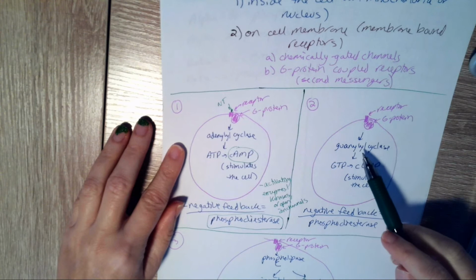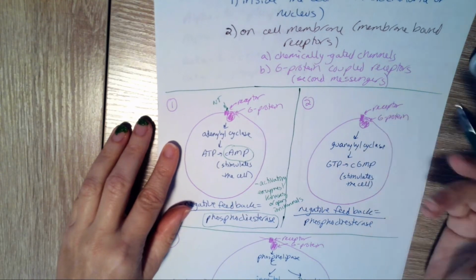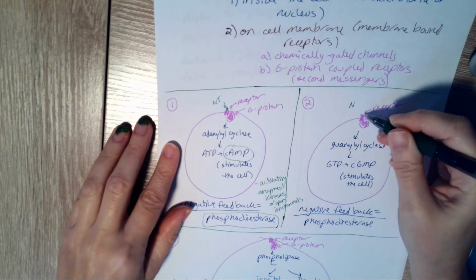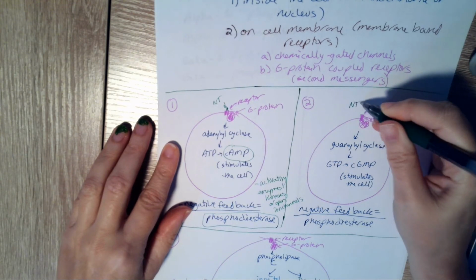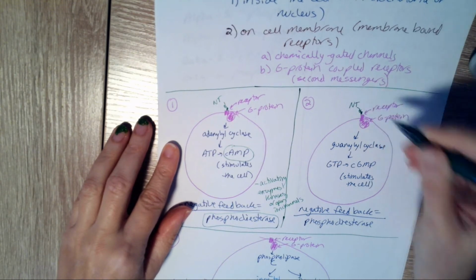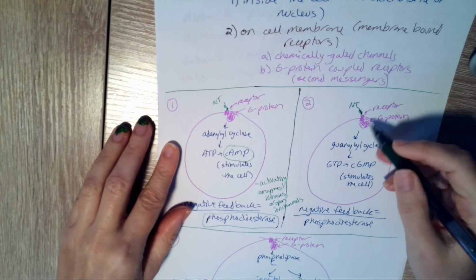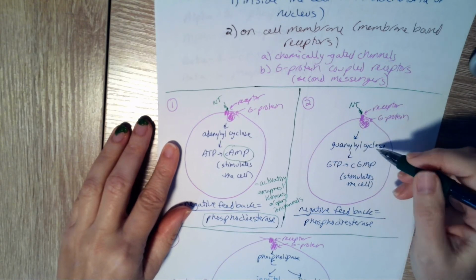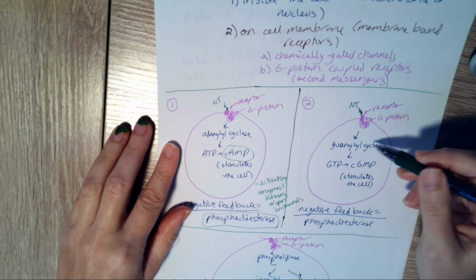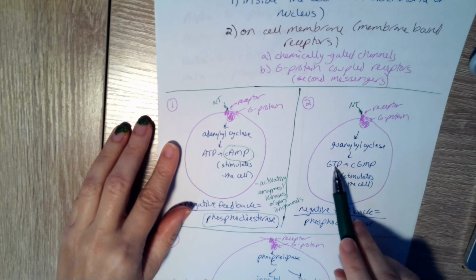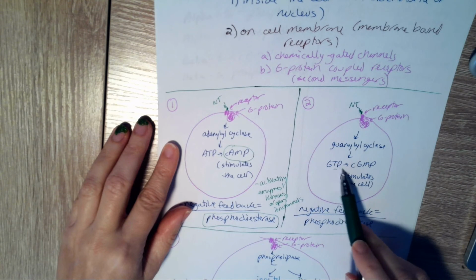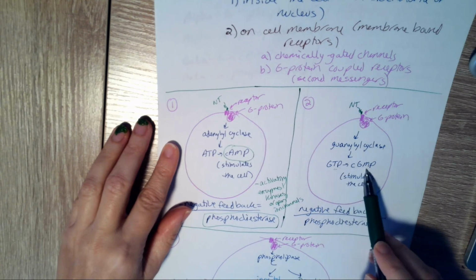The next second messenger system that we have is very similar. We have our receptor with the G protein inactivated inside the cell, bound to it. The neurotransmitter binds to the receptor, it activates the G protein, and the G protein activates an enzyme. This time the enzyme is called guanylyl cyclase, and what guanylyl cyclase does is it takes GTP that's found within the cell and converts it into cGMP.